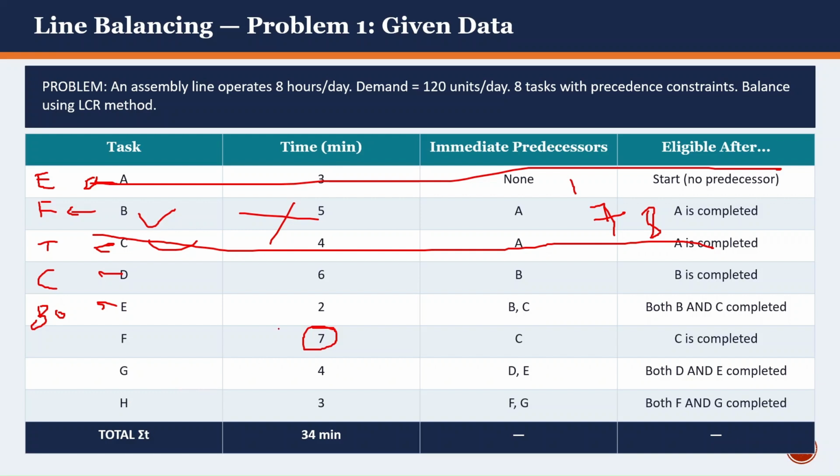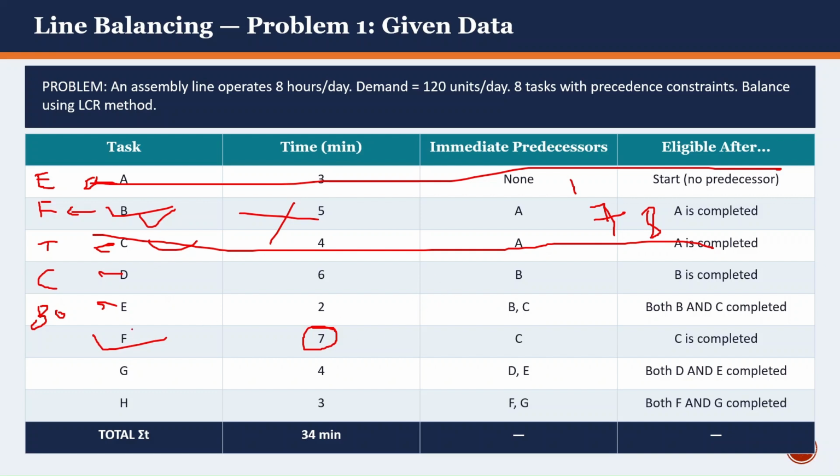Now let us see which of these we can schedule. Since A and C are completed, we can schedule B in the workstation. Then we can schedule F as well. We cannot schedule E because we require B to be completed, and D also cannot be scheduled in the same workstation because B needs to be completed.